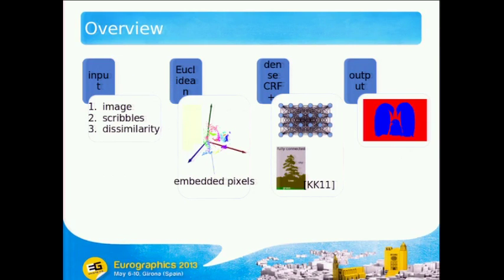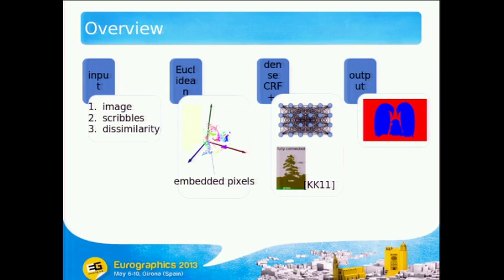You take your image, you take your scribbles, and then you convert your scribbles into some dissimilarity. So for example, you could use any distance metric. You could say use RGB or something, and then it will combine these two to come up with the distances.